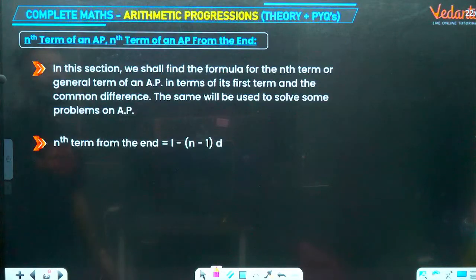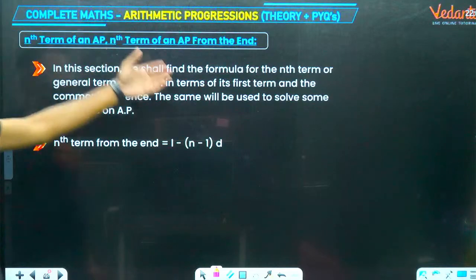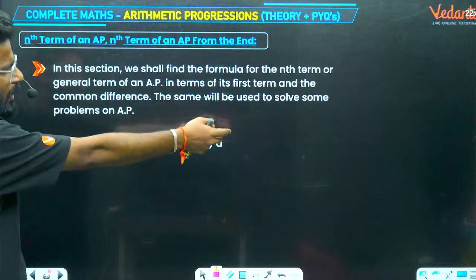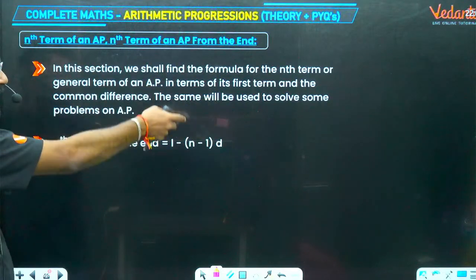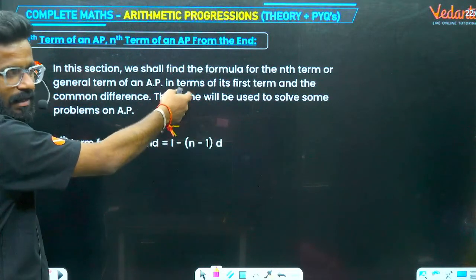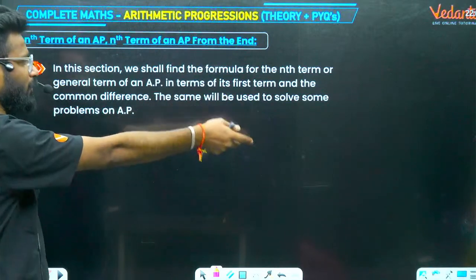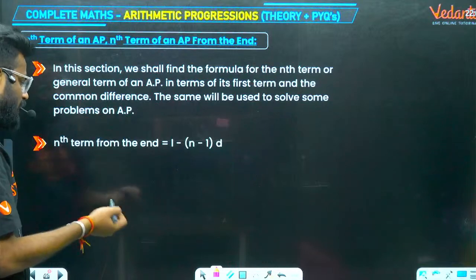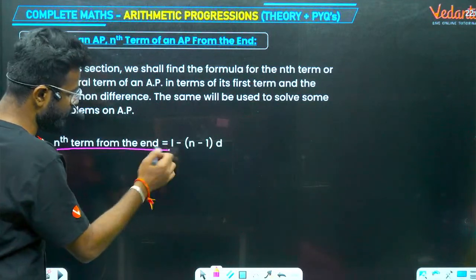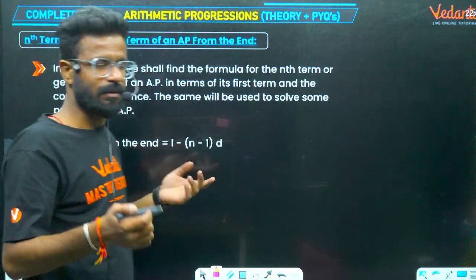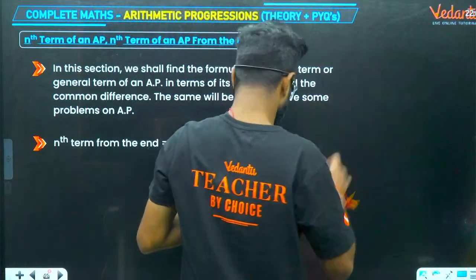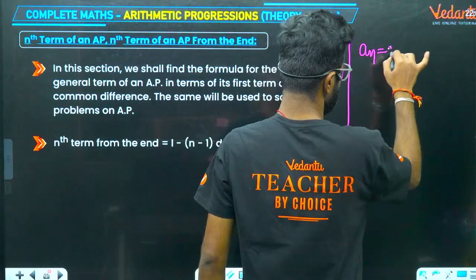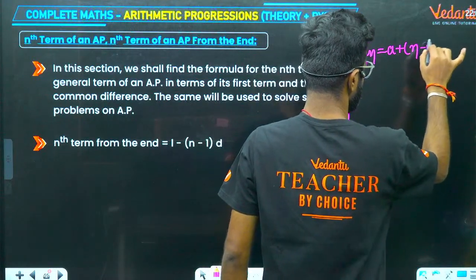Nth term of an AP and nth term of an AP from the end. In this section, we shall derive the formula for the nth or general term of an AP in terms of its first term and the common difference. The same will be used to solve some problems in an AP. If you have to find the nth term, then you can use the formula an is equal to a plus n minus 1 into d.